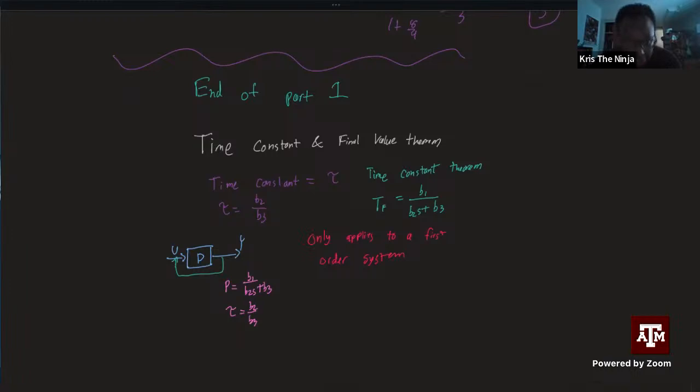The closed loop time constant. The closed loop time constant. So you have Y of s over R of s, and that equals your controller times your power over 1 plus your controller times your power.